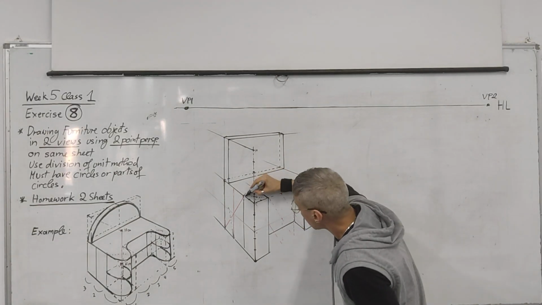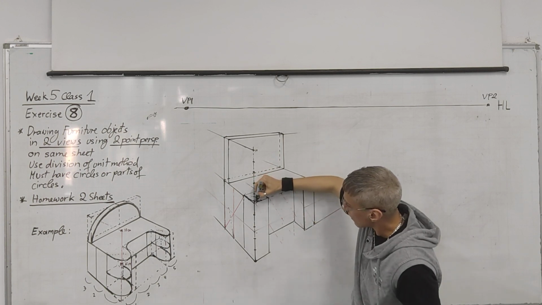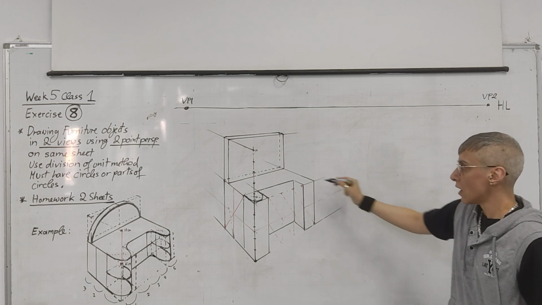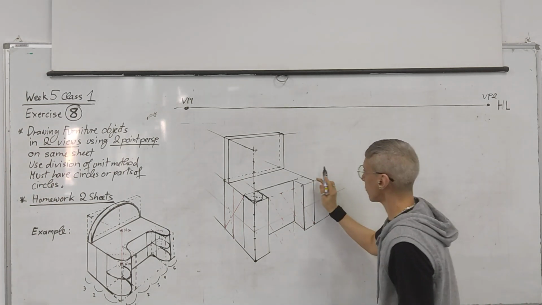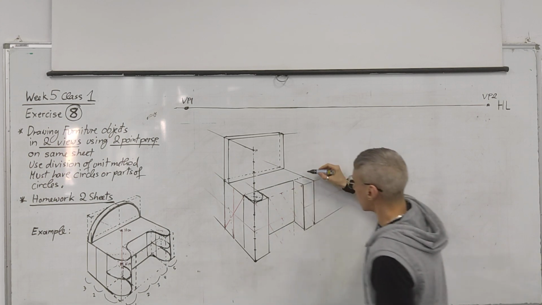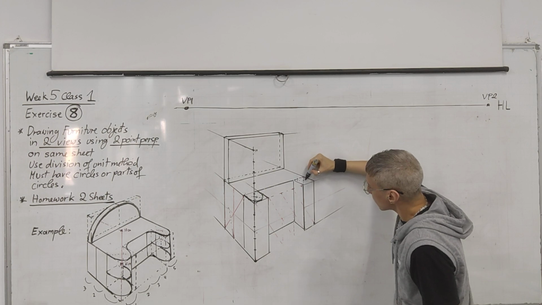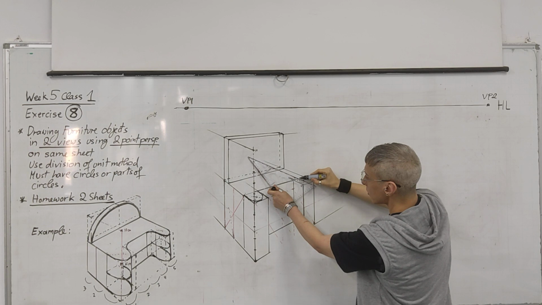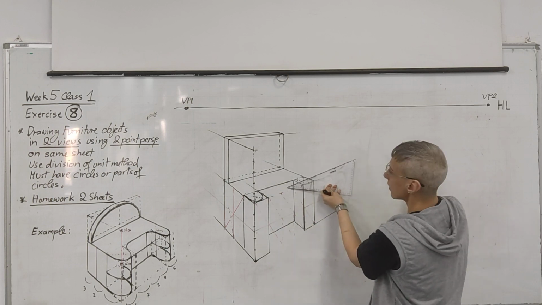So, now let me draw it. It starts here straight, and then it turns into a curve. It touches the 3 points and then continues straight. Here the same thing. So we have this going to the vanishing point. Now we find the diagonal. Where is the center point? Here. Now we put lines to the vanishing point where it will touch here. Again, another line to the other vanishing point.